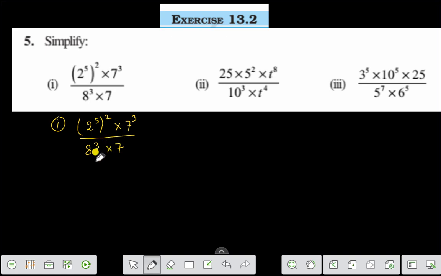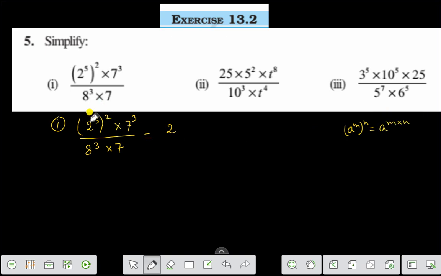Now you can find this one as here it is 2 to the power 5, all to the power 2. It is multiplied because we know that a to the power m, to the power n, is equal to a to the power m into n.